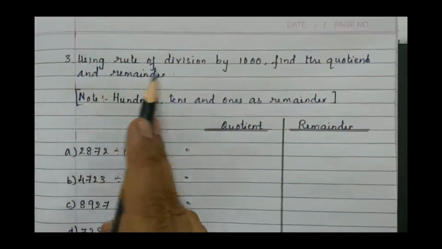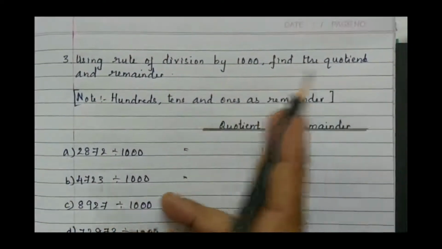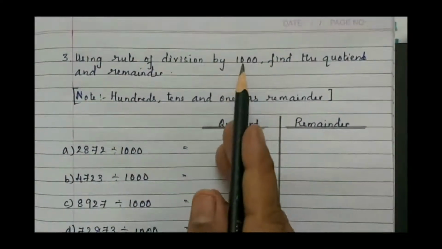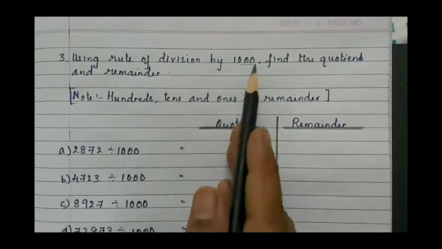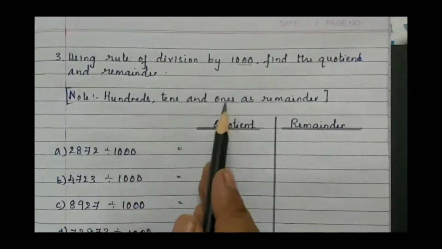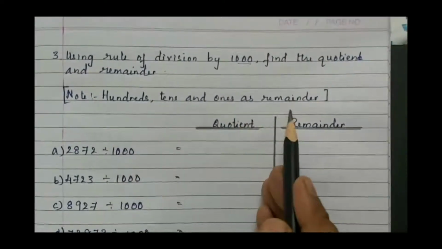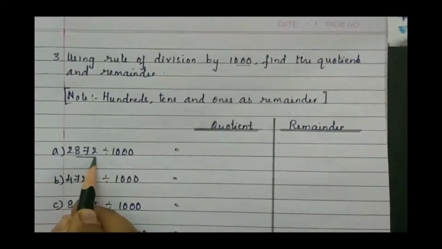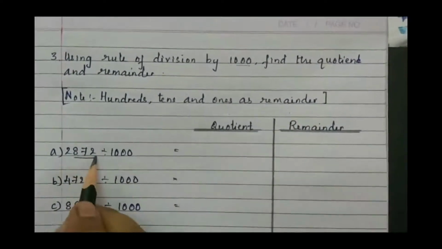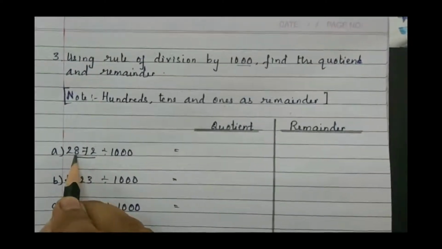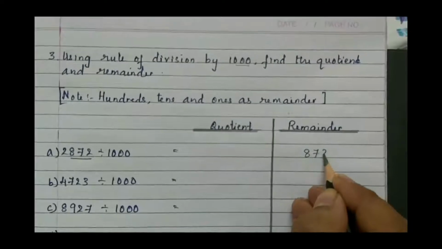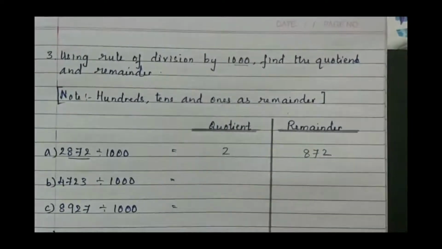Question number 3. Using rule of division by 1000, find the quotient and remainder. In this, as 1000 has 3 zeros, that is ones, tens and hundreds, ones, tens and hundreds will be the remainder. So underline 3 digits, that is ones, tens, hundreds will become the remainder. 872 and the 2 as quotient.